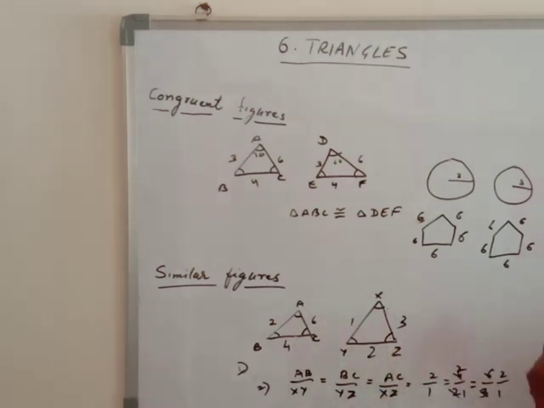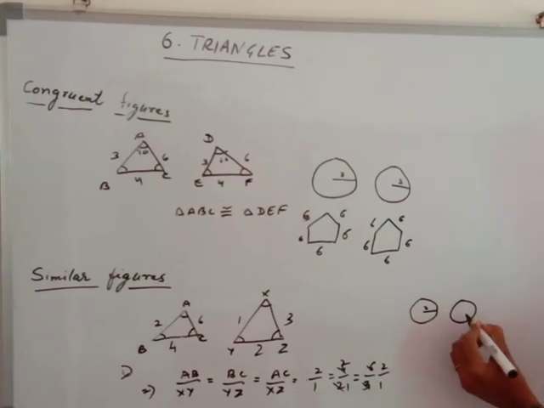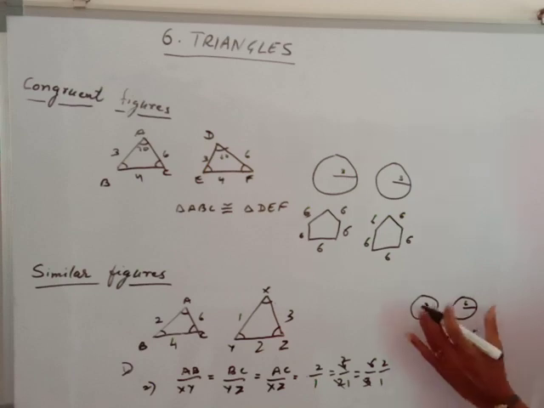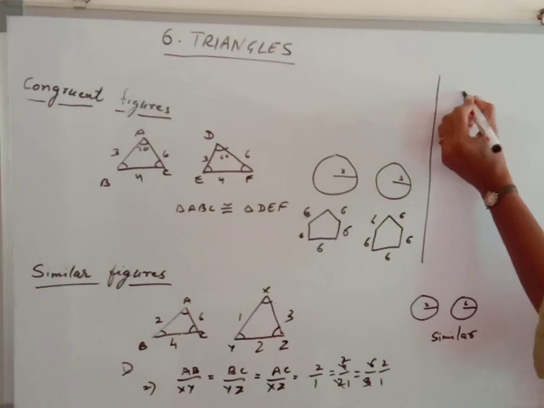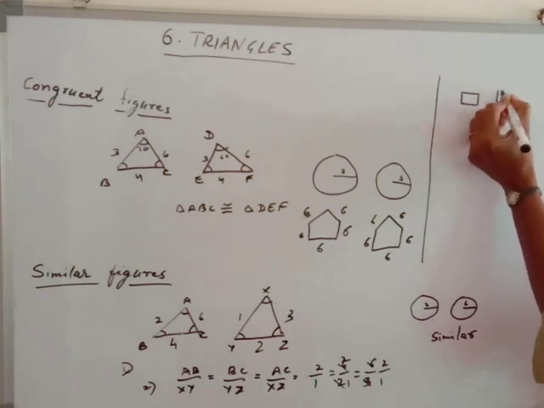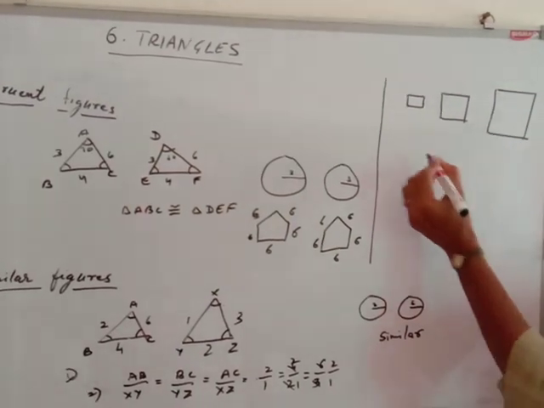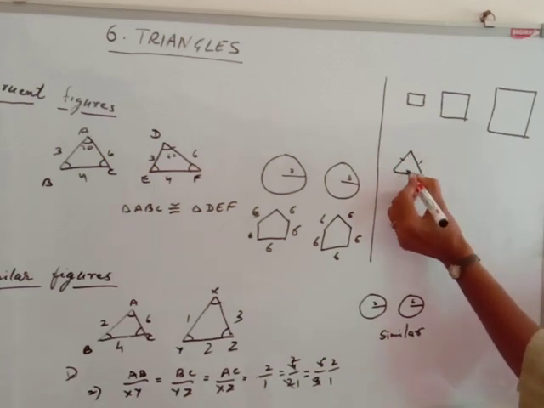Now let's talk about the circle. Suppose this is a circle of 3 and this is the circle of 6 centimeter. So all circles are similar to each other. Similarly, we can talk about the square. All four sides are always equal in all squares. So all squares are also similar to each other. Again, equilateral triangle means whose all three sides are same.